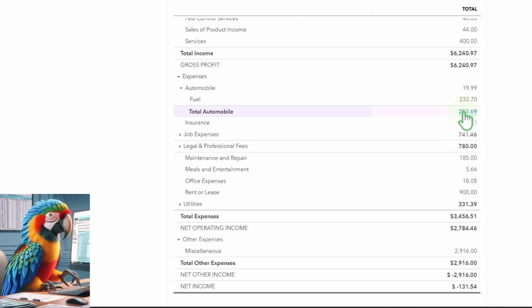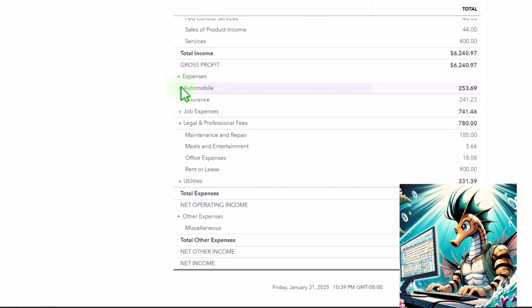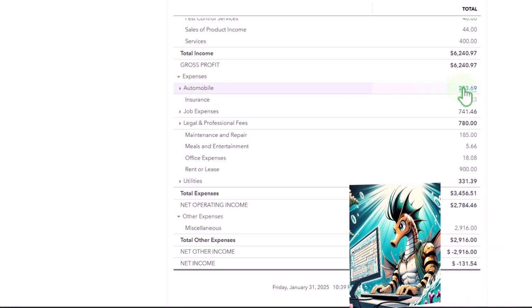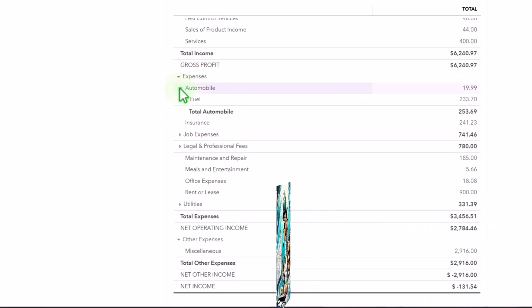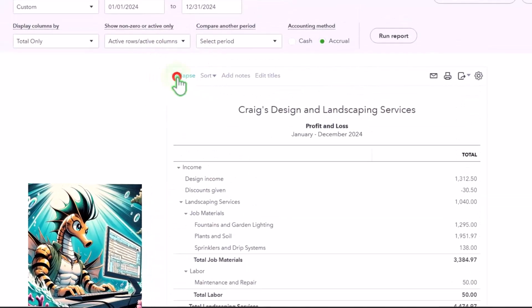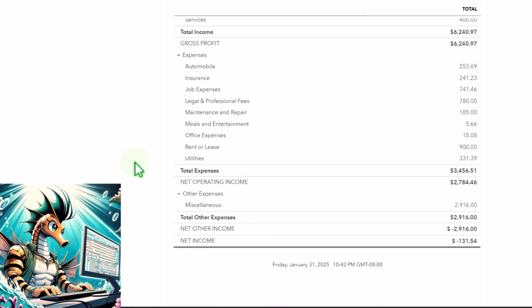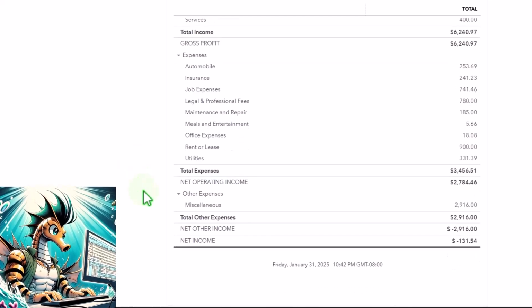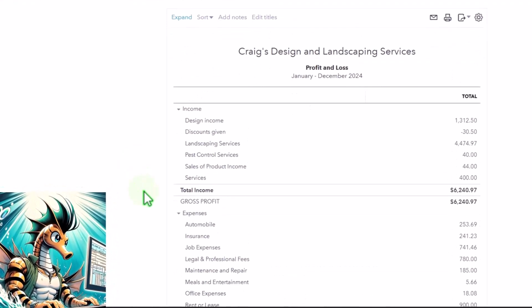So these sub-accounts allow me to collapse the sub-accounts and then give a financial statement that has the collapsed sub-accounts, and then expand them and give them more detail. That's the cool thing about sub-accounts. And you have a collapse function up top. So I can collapse them. That cleans up the financials, possibly for external reporting or less detailed reports.